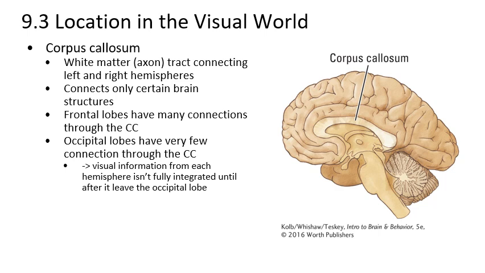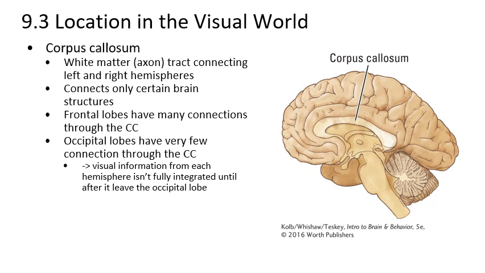So, just an observation about the corpus callosum. If you remember, this is the white matter tract, this C-shaped structure in the middle of the brain that connects the left and right hemispheres, but notice that it doesn't connect the visual cortices. It only connects certain brain structures.